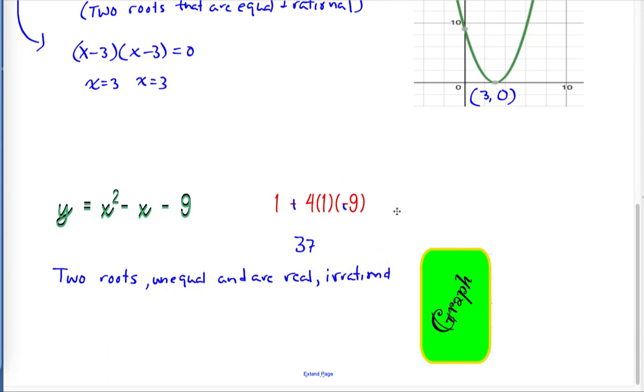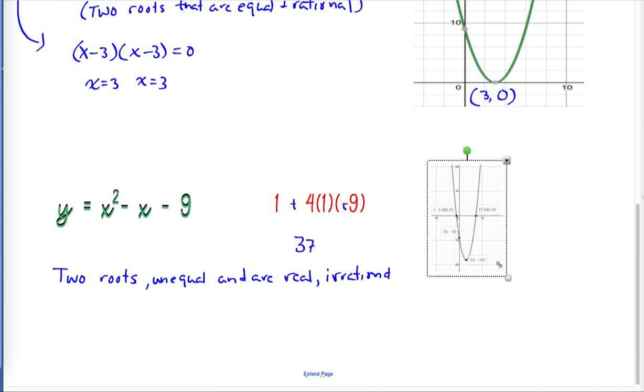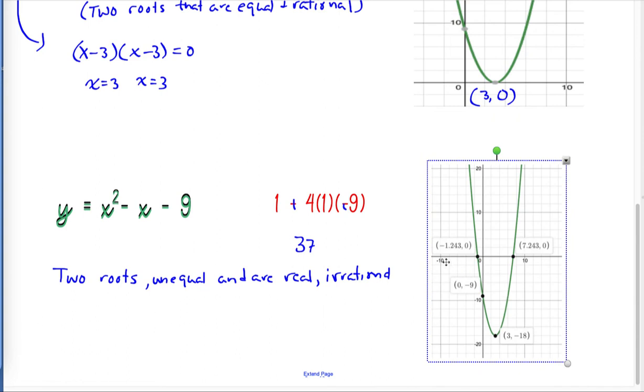So when I look at the picture of what this would graph, you can see right there are two roots, negative 1.243 and 7.243. They're unequal. They are real numbers, but they happen to be irrational numbers.